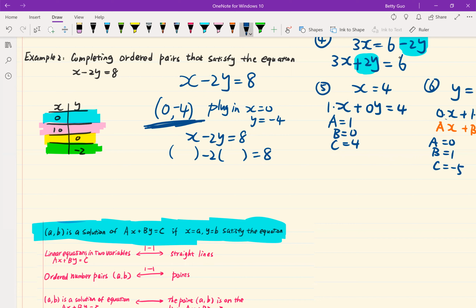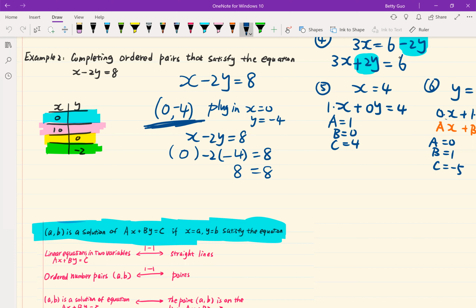We plug in x equals 0, y equals -4 to see if we have a true statement or a contradiction. We put 0 in the place of x. We put a -4 in the place of y. -2 times -4, we have 8. That is a true statement. It means 0, -4 is a solution of the equation by the definition.